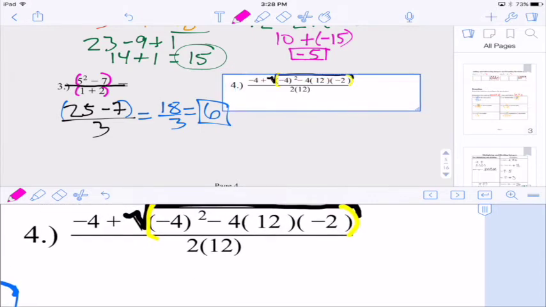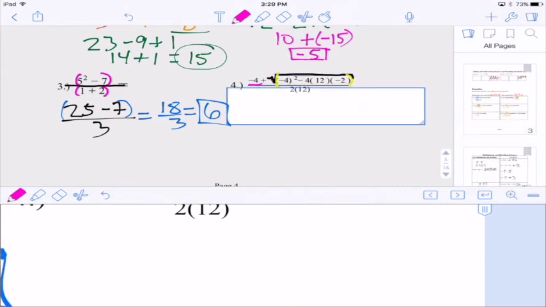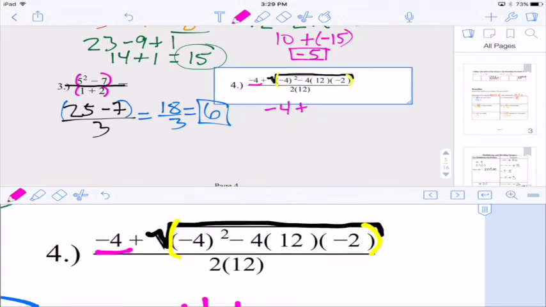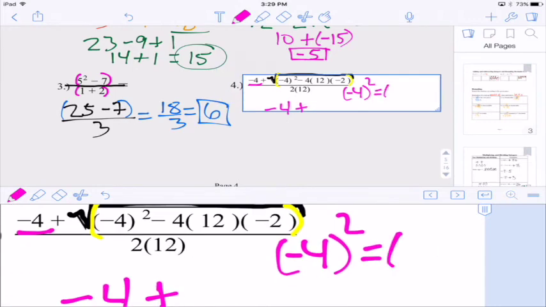So I'm going to keep my -4 from right here. We didn't do anything with that. And then I'm going to start simplifying the inside of this parenthesis. So inside the radical, we've got -4 squared. Well, -4 squared means -4 times -4.